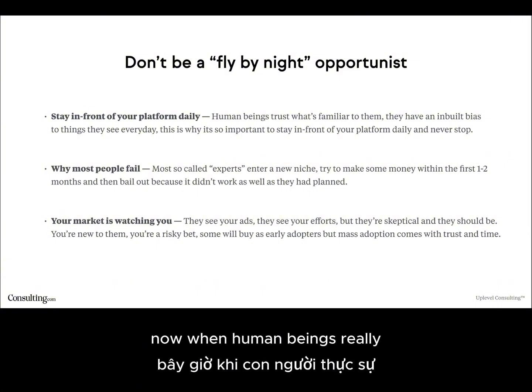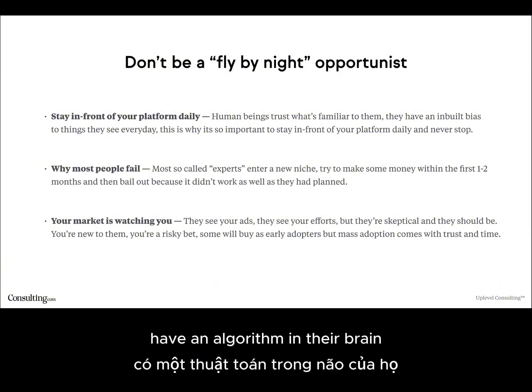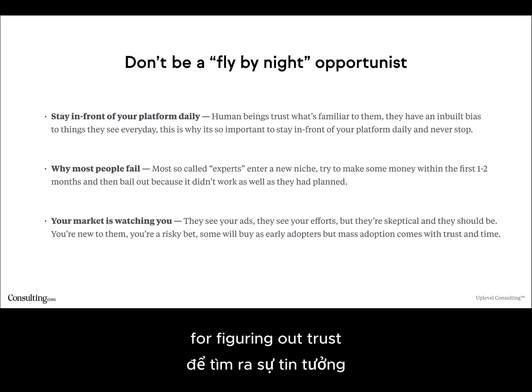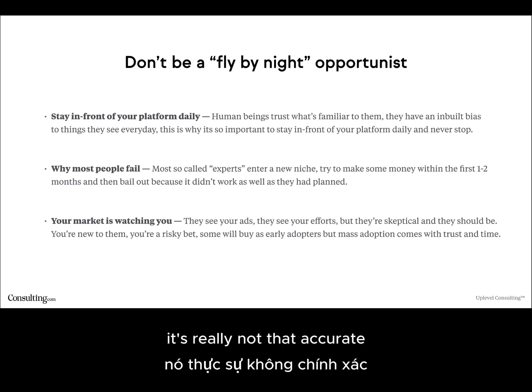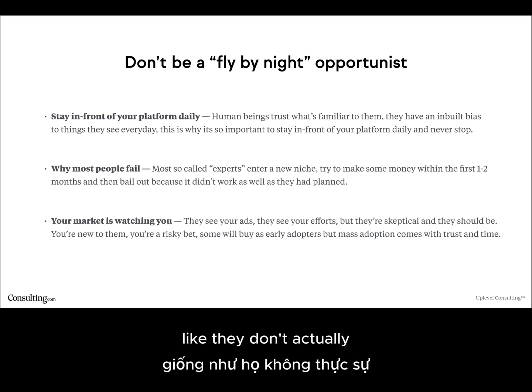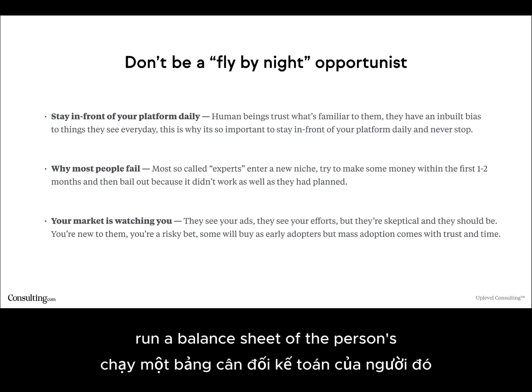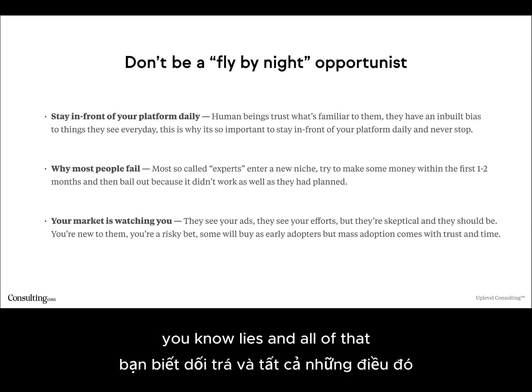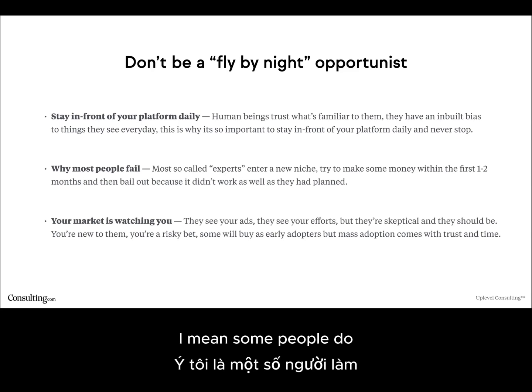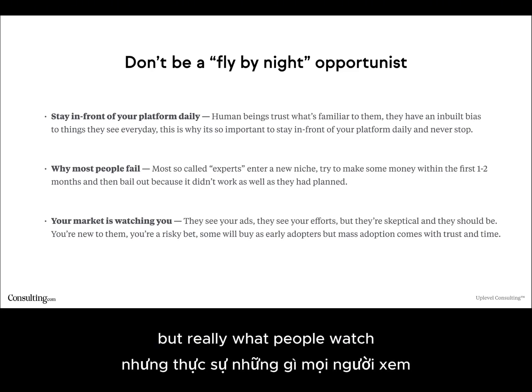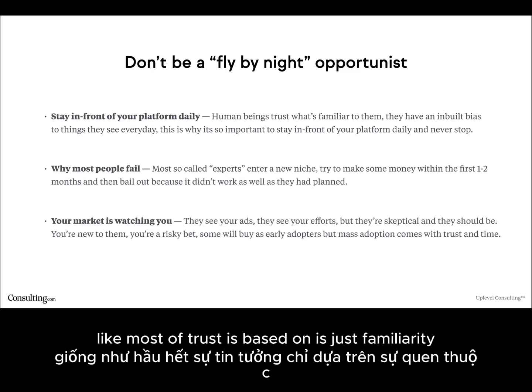Now, when human beings have an algorithm in their brain for figuring out trust, it's really not that accurate. They don't actually run a balance sheet of the person's lies and all of that. I mean, some people do, but most of trust is based on just familiarity.